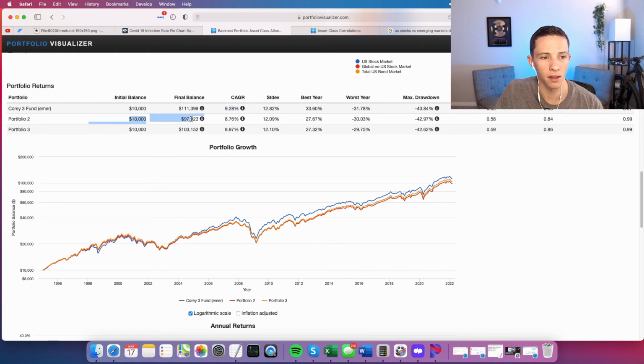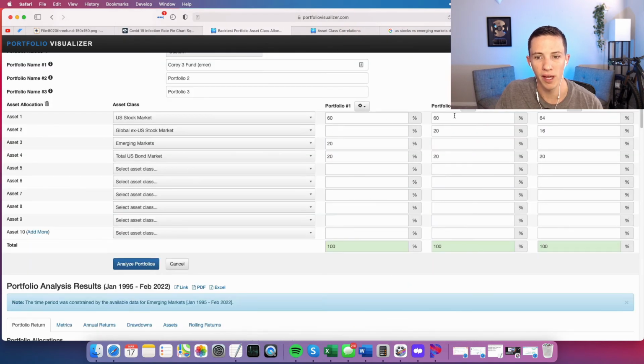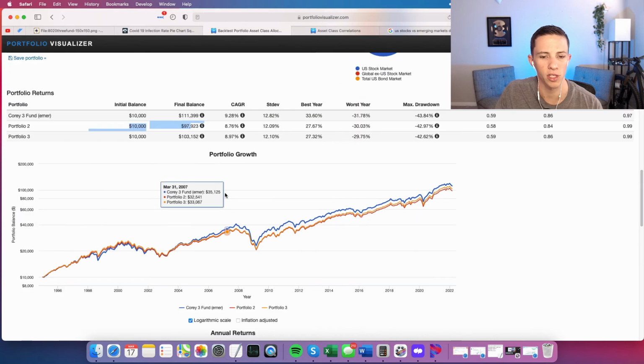Investing in the other portfolio that did not have the emerging markets. So this was my split 60-20-20, but investing in global excluding the US stock market would have returned 8.76% annually. So $10,000 would have grown into $97,923.